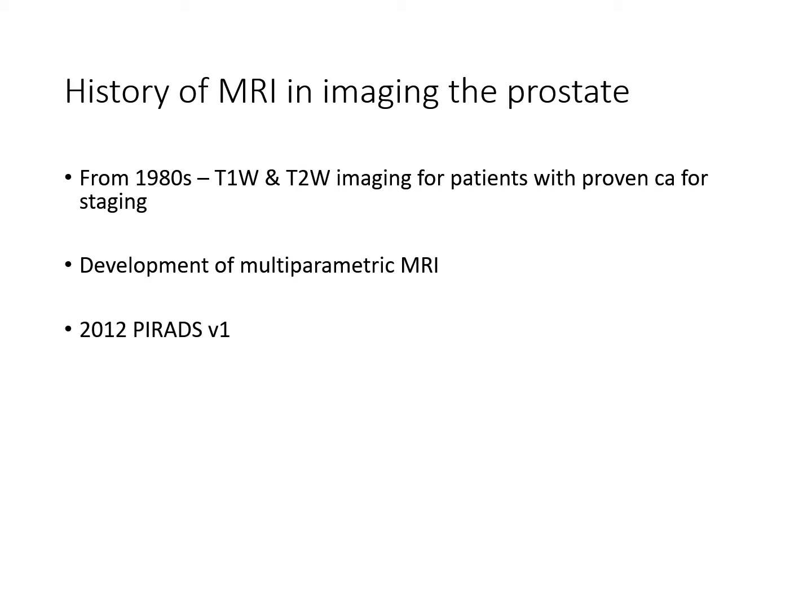That's essentially using a number of different tailored sequences and putting the information together to get the best diagnostic accuracy. That's then been formalized into a system of scoring and assessing these lesions. First, PIRADS version 1, which was then validated and updated to version 2, and then more recently version 2.1.